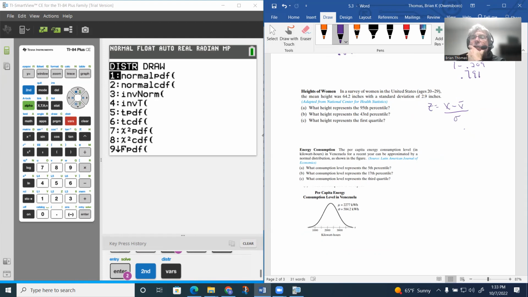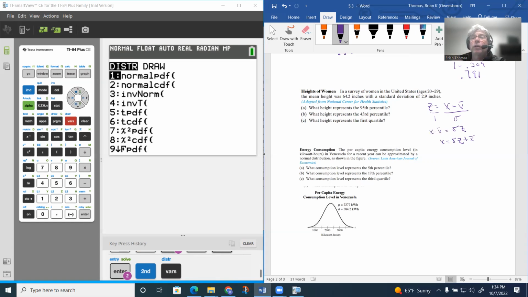But if I modify this equation, if I cross multiply, that's going to be x minus x bar equals sigma times z. If I add x bar on both sides, x equals sigma z plus x bar.